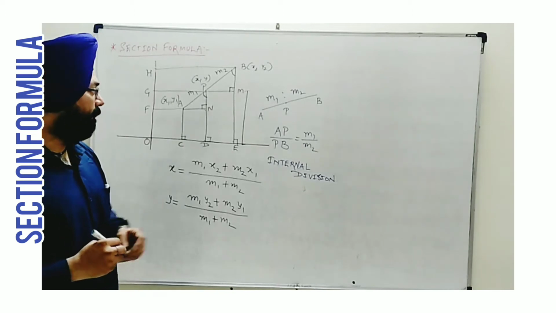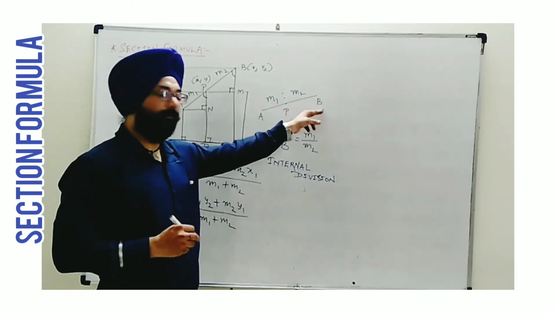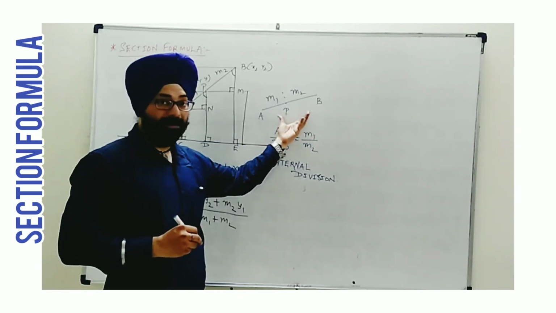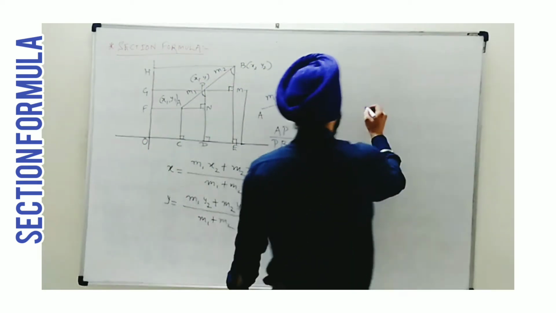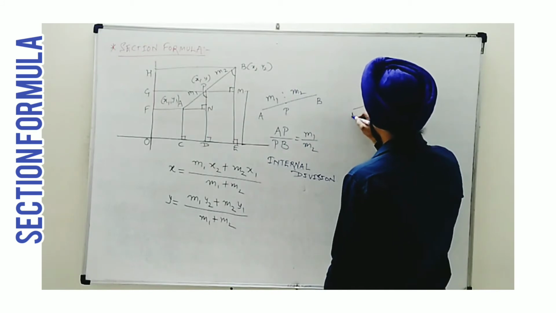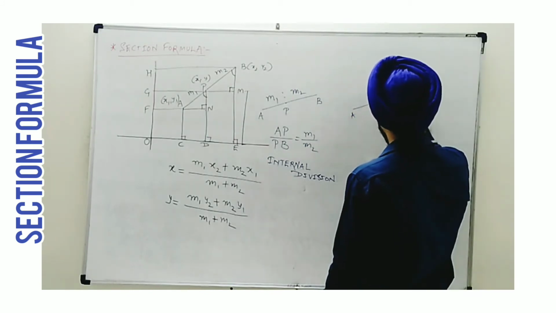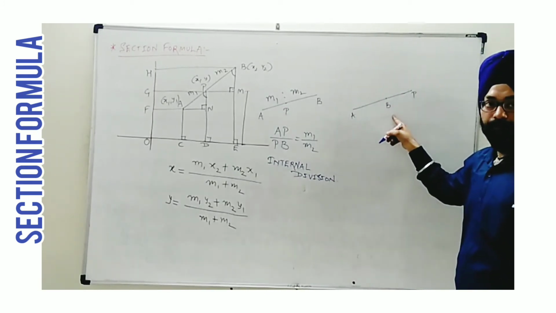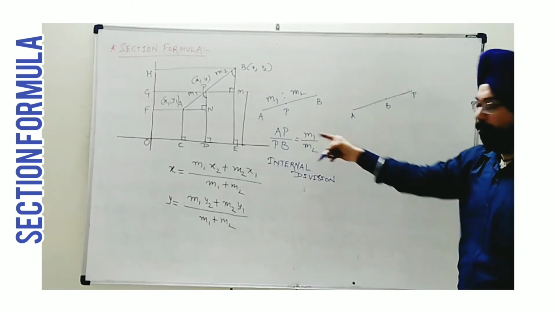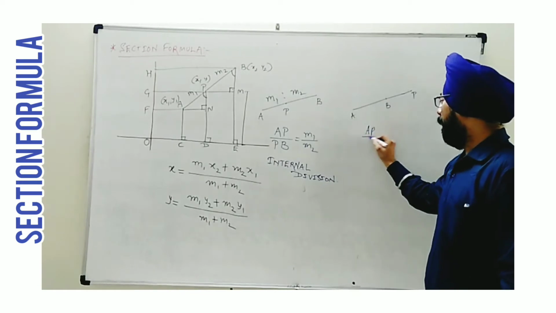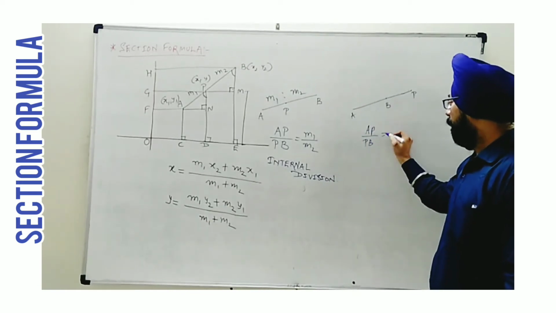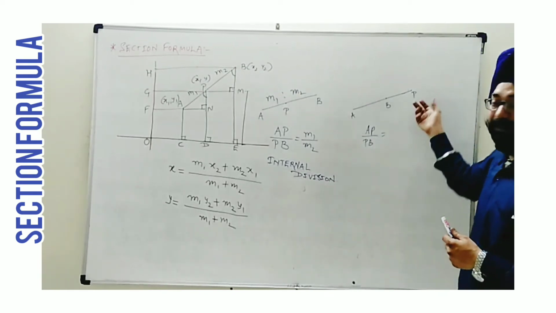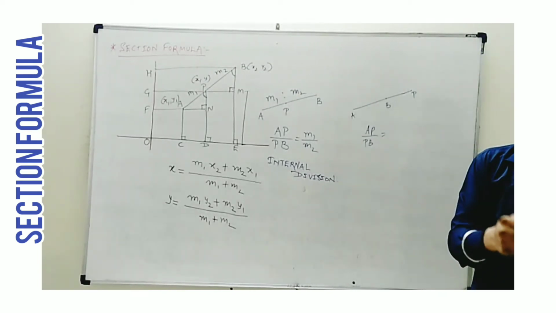Suppose I consider this P not between A and B, but beyond this line segment AB. Let me show the situation. If I take A, B here and P beyond this AB, and the same ratio if I want to take AP upon PB, AP upon PB means we consider P as the point of reference.